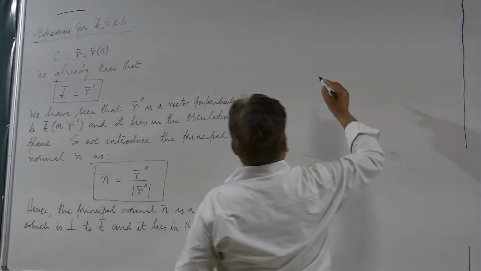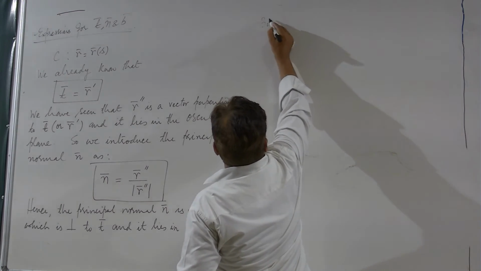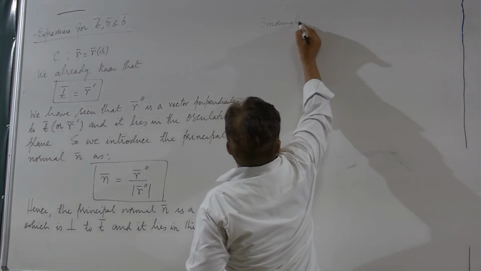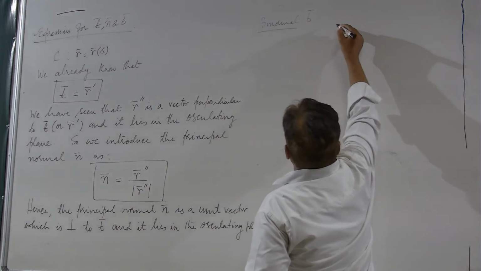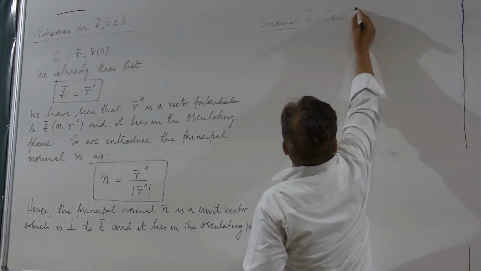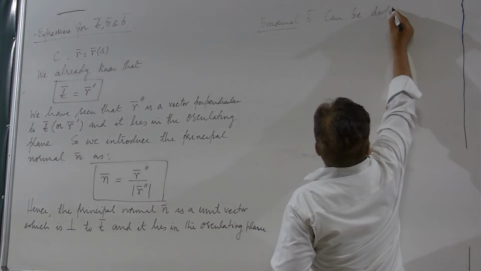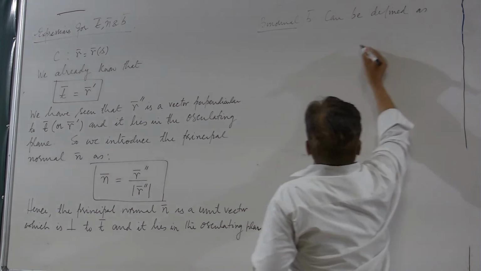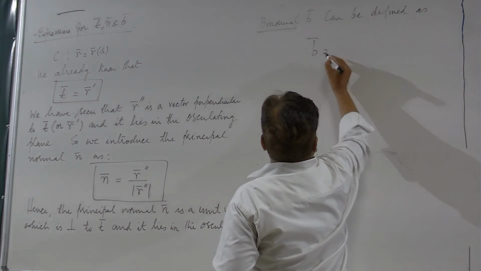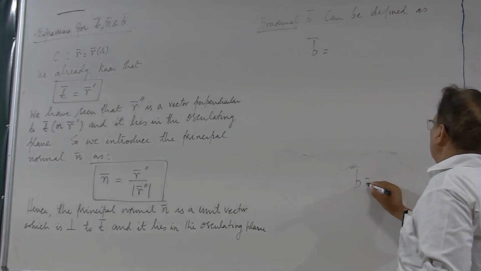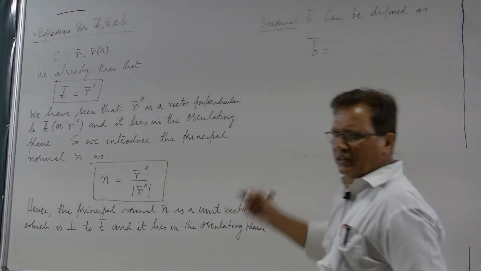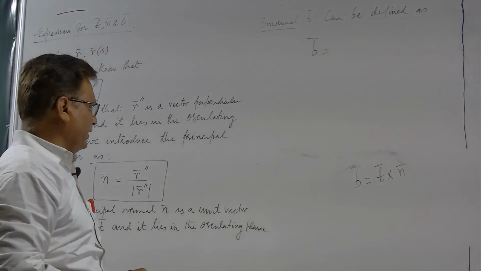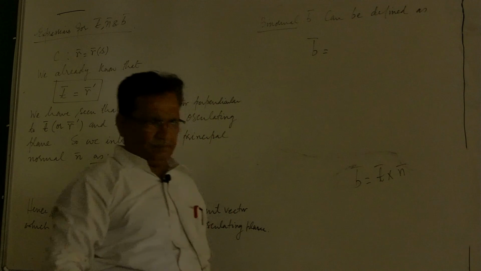So, the binormal B can be defined as B equal to T cross N. This definition we have written earlier. Now, we want a definition in terms of the derivative of R.